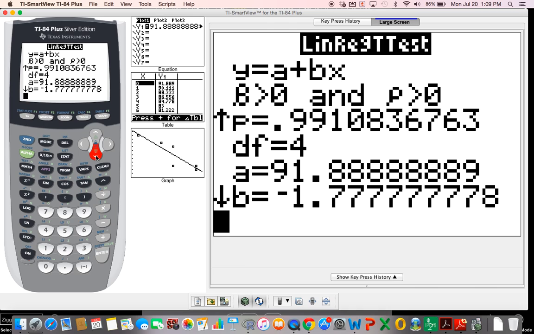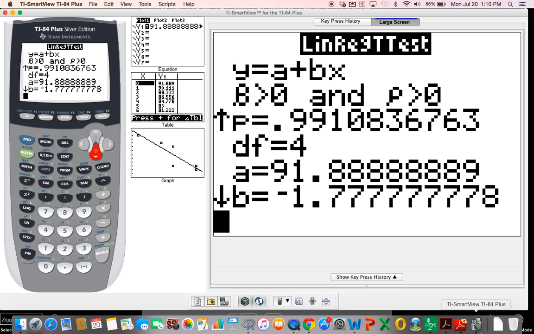So gang, the value that goes with the x is the slope. That's our B1. So in this case, that would be negative 1.78. And the estimate for B0 is what we have for our a, so that's 91.89.